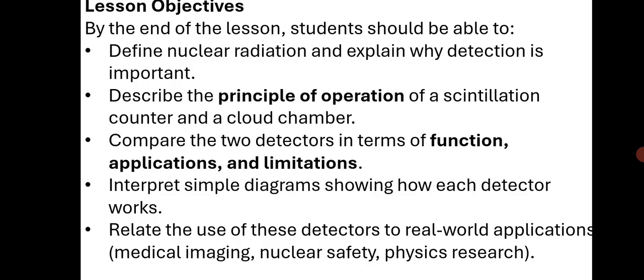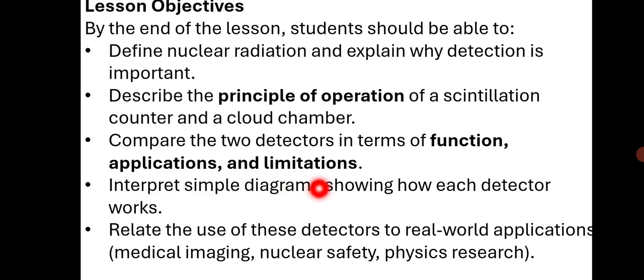So, this lesson intends to achieve the following objectives. By the end of this lesson, you, the students, should be able to define nuclear radiation and explain why detection is important, why we need to detect nuclear radiation. Describe the principle of operation of scintillation counter and cloud chamber, and then compare the two detectors in terms of their functions, applications, and limitations.